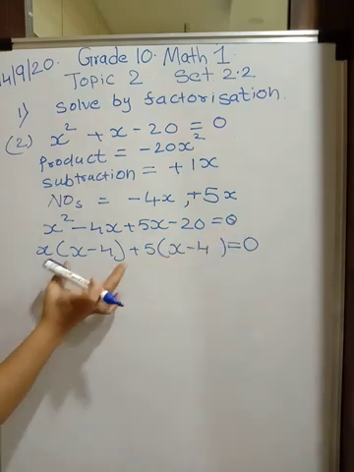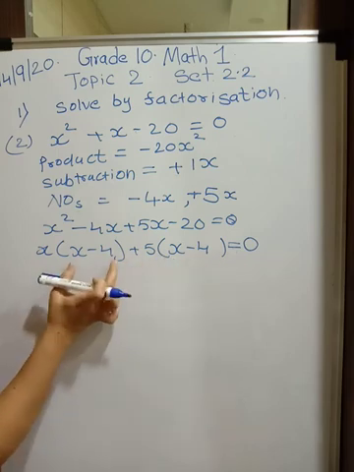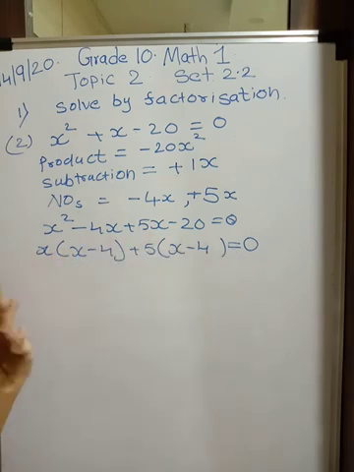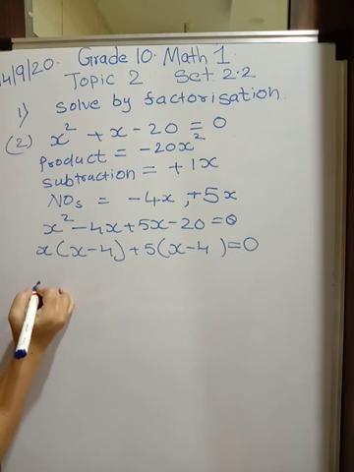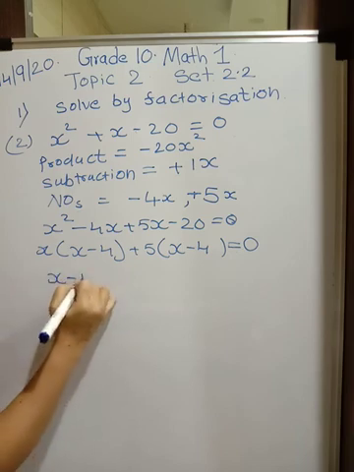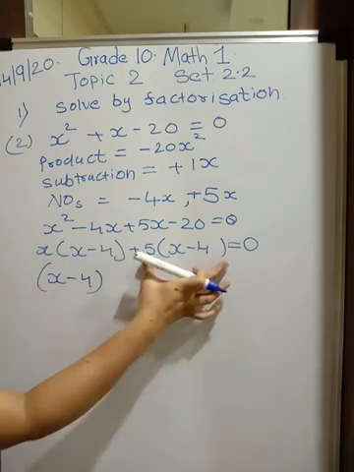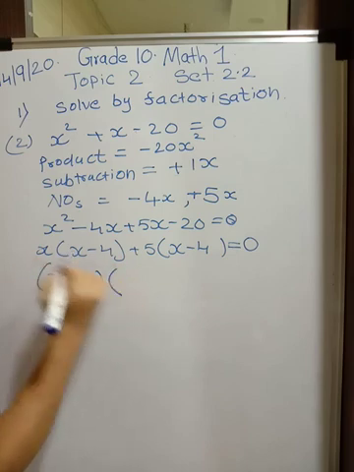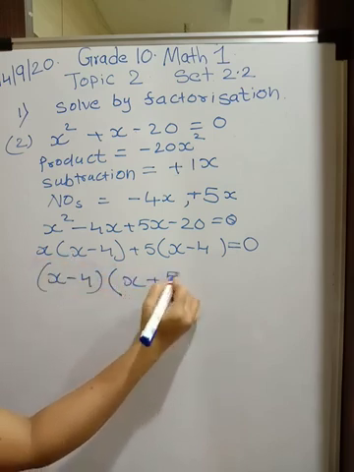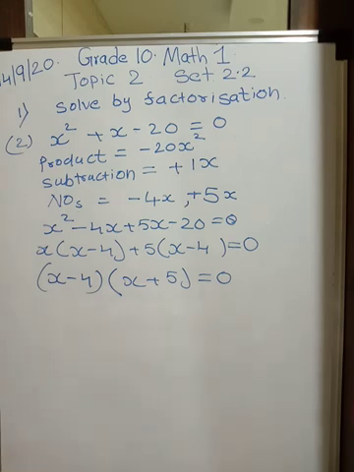Again I am telling you, this bracket should repeat. So once you get x minus 4, immediately write, but this should be correct. Keep this in mind. So what we got, x minus 4 is common. In this too, x minus 4 is common. So what remains? x plus 5 is equal to 0.